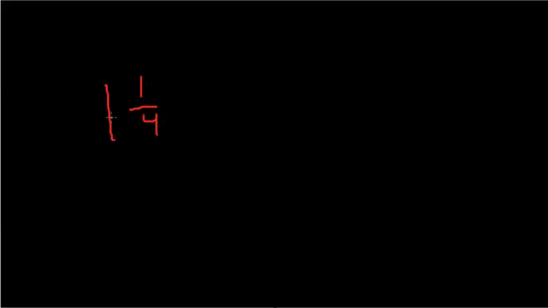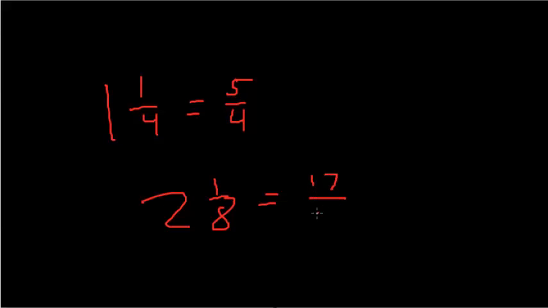That's 4 times 1, which is 4, plus 1 is 5, and that gives me my new numerator, and my denominator stays the same at 4. We'll try another example, say 2 and 1/8 that we saw earlier. I take 8 times 2, which is 16, plus 1 is 17, so that is my new numerator, and 8 is my denominator. So 2 and 1/8 is the same as 17/8.